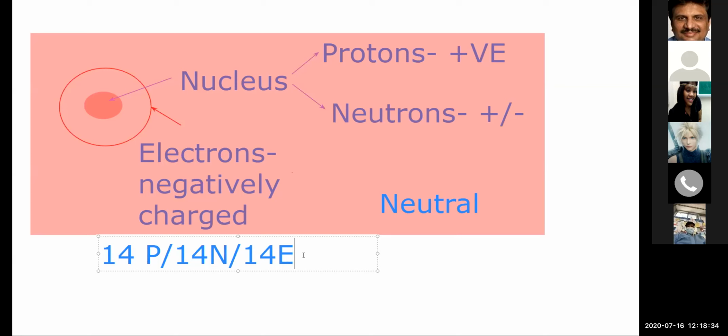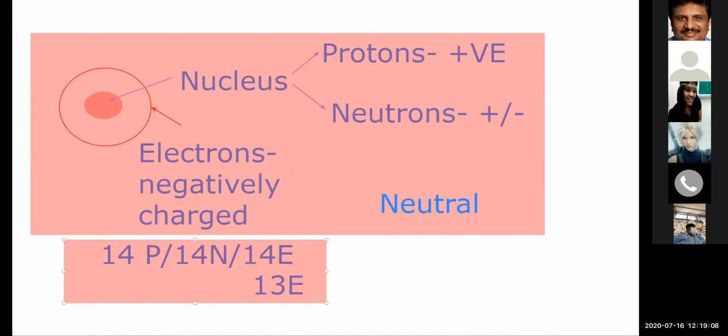Now let's consider a situation where this particular atom loses one electron. So from 14, this atom became 13 electrons. There are 14 protons and 13 electrons, so a positive charge is more on this atom. Because of the loss of an electron, the net charge on this atom is positive.